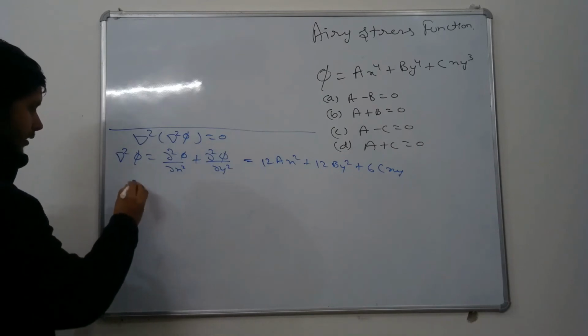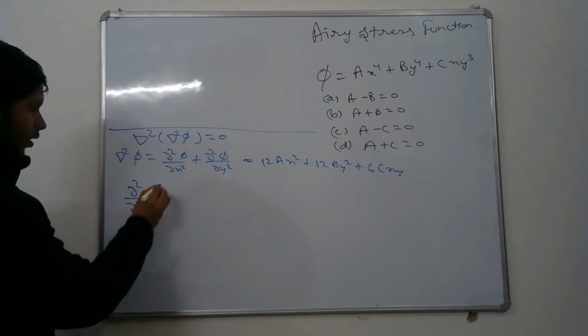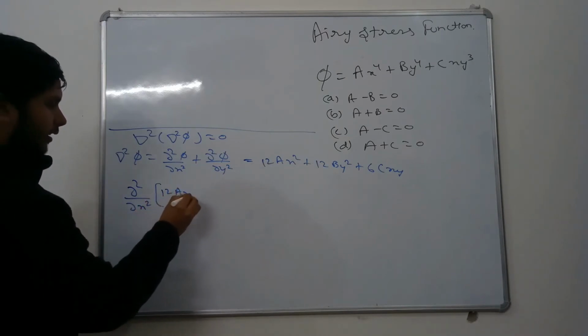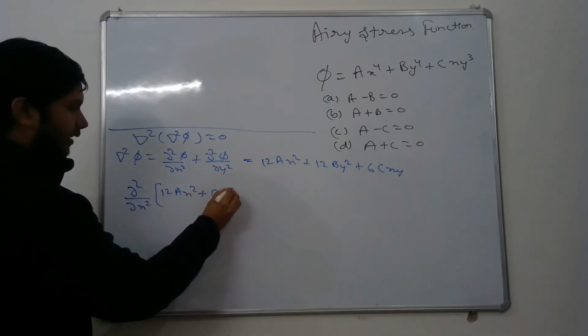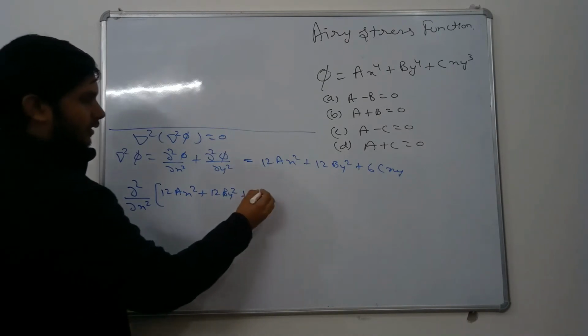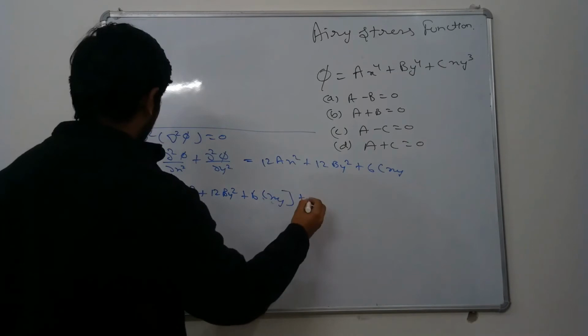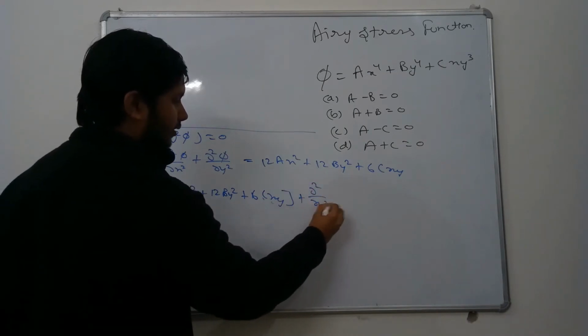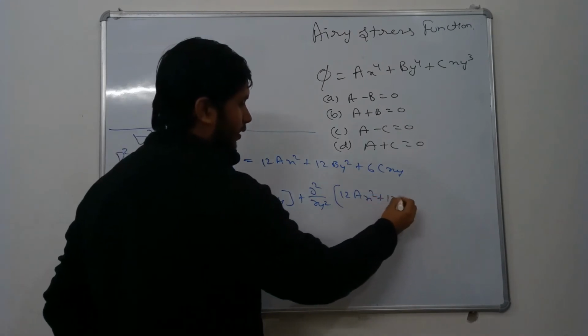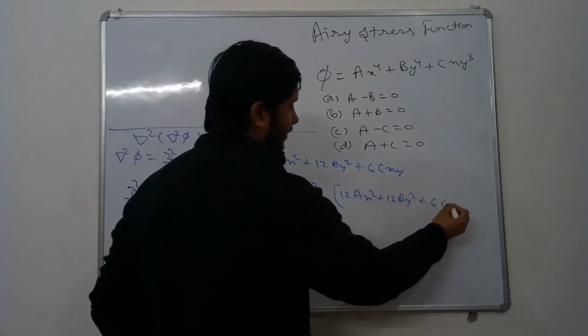So del square upon del x square of 12a x square plus 12b y square plus 6c x y, plus del square upon del y square of the same 12a x square plus 12b y square plus 6c x y.